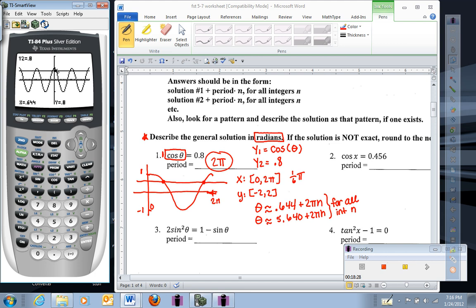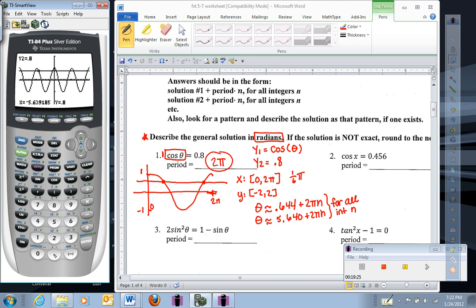It's on the way down. If I say 0.644 and I add 2 pi and trace that value, notice it's also right here at 0.8 on the way down. If I were to do 0.644 and subtract 2 pi, notice I have the next solution, just behind that.